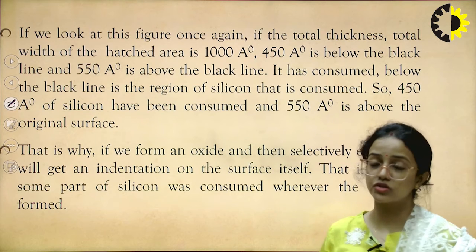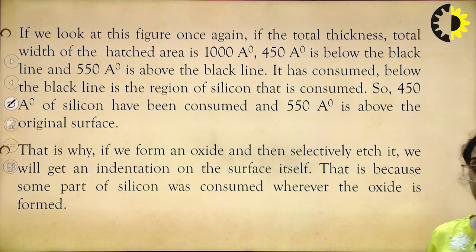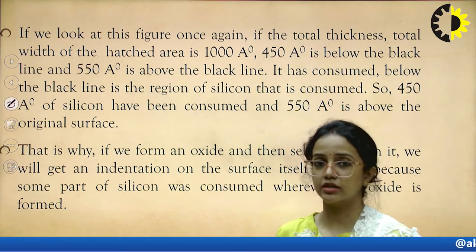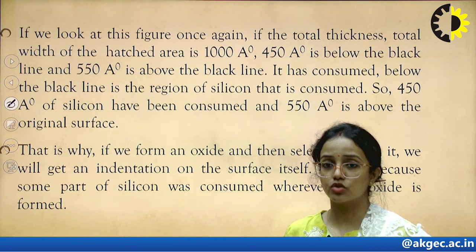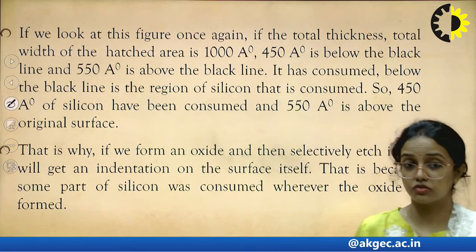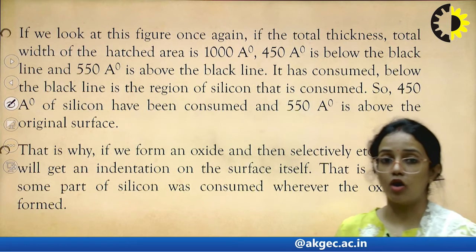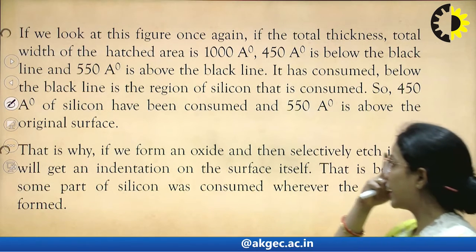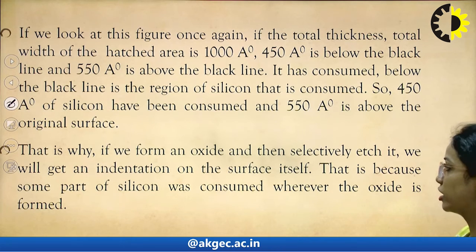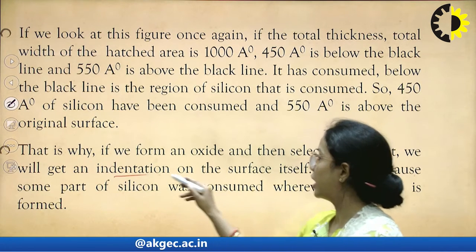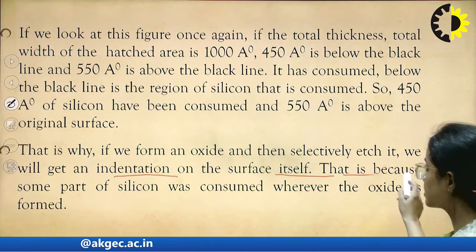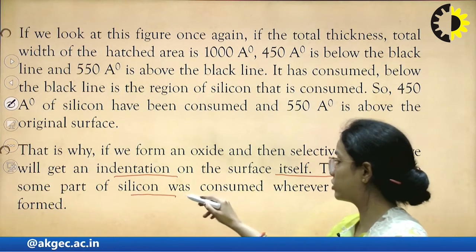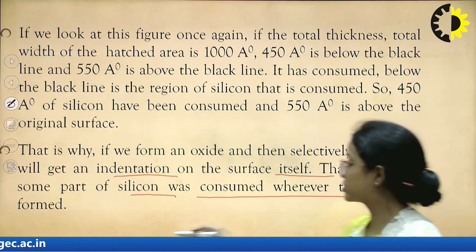So 450 angstrom of silicon has been consumed, and 550 angstrom is above the original surface. That is why if we form an oxide and then selectively etch it, we get an indentation in the surface itself. That is because some part of silicon was consumed wherever the oxide was formed.